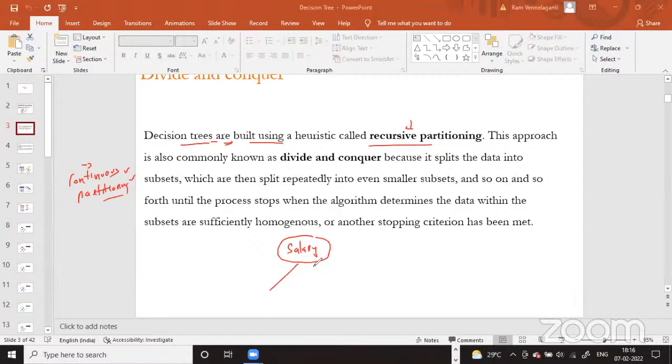If salary is less than $50,000, we are not going to accept the job offer. Then check for commute time. If commute time is more than 1 hour, you are not going to accept the offer. Then check whether the company... So this is your decision tree, what you are constructing.